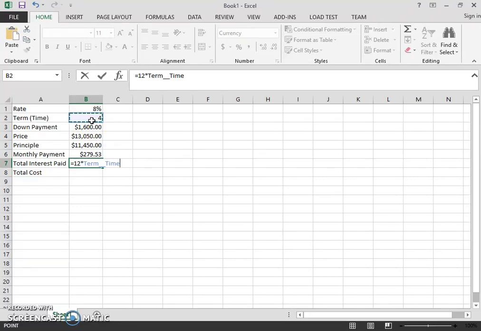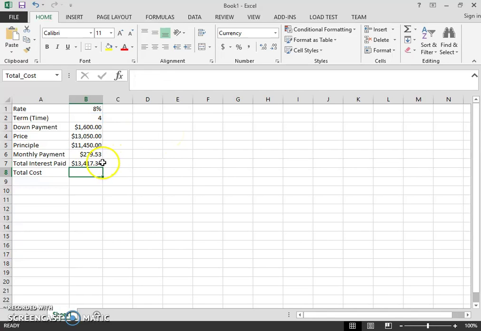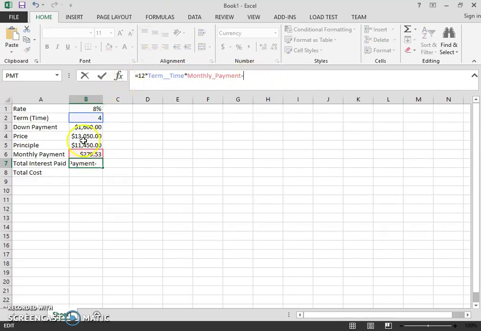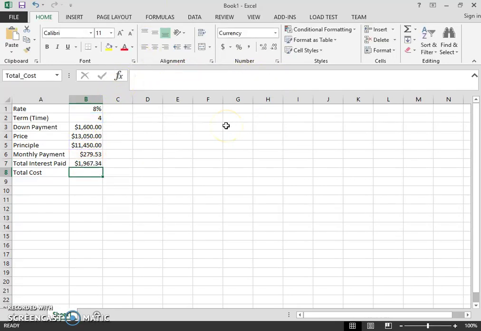Okay, so we have to take how many total payments we have, and that is 12 months times 4 years times how much do we pay each month, minus how much we borrowed. So our total interest that we're going to pay back to the bank is $1,967. So just a little bit of money.